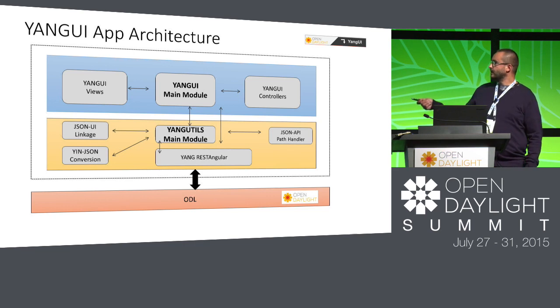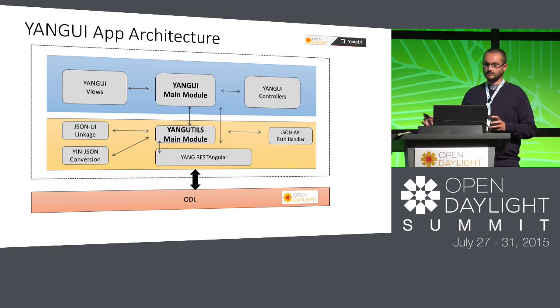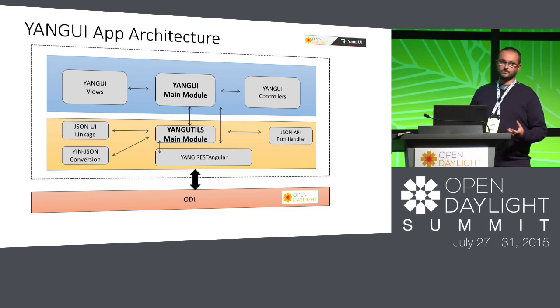One is the UI itself, which is just generating the form from the data and provides the interaction with the user. And the backend is a YANGUI utils library, which just reads the data from the controller, does some processing.